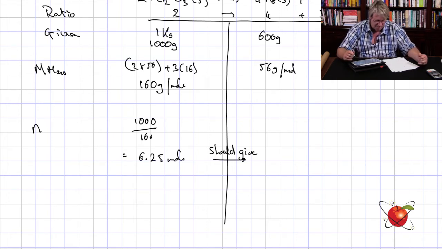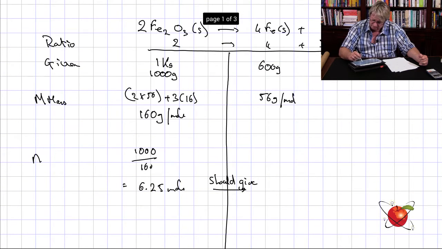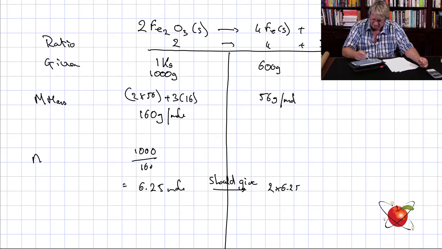We've now got to put it into the ratio of the iron. So we go 2 as to 4, rather. We should get on the other side here 2 times 6.25, because there is 2 moles, and that must be 4, which is double. So we're going to get 12.5 moles.